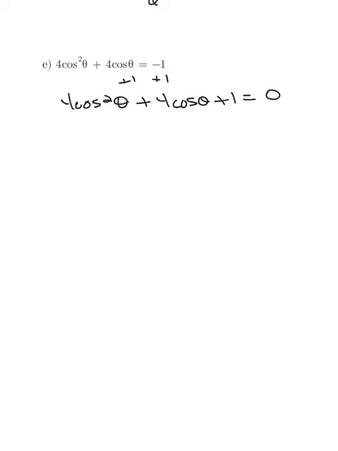If you need help seeing the factoring on this, you can rewrite it as 4x squared plus 4x plus 1. Take the function out and just put an x in to help you see the factoring on it. I have a lot of students who will do that.